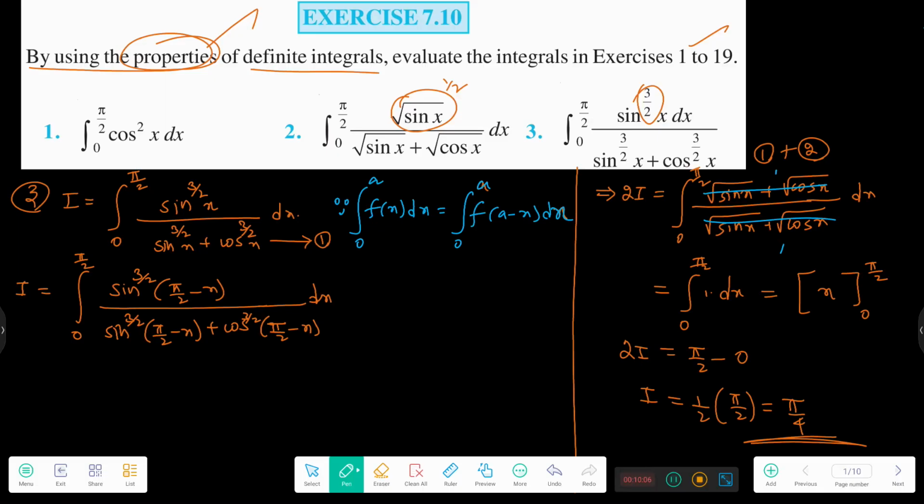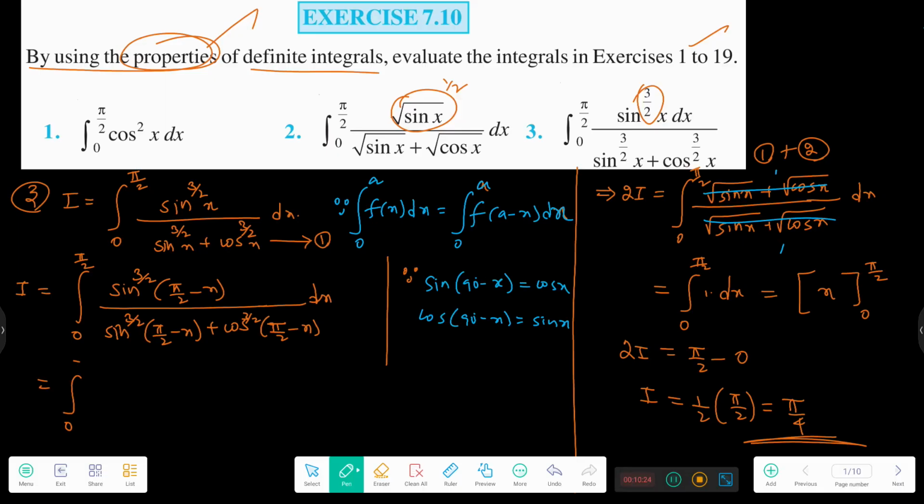So we know very well sin of 90 degree minus x is equal to cos x, or cos of 90 minus x is equal to sin x. That I am going to apply here.